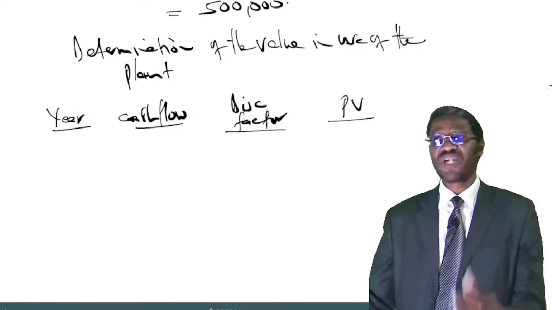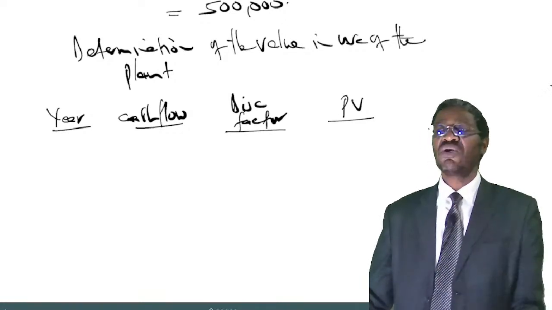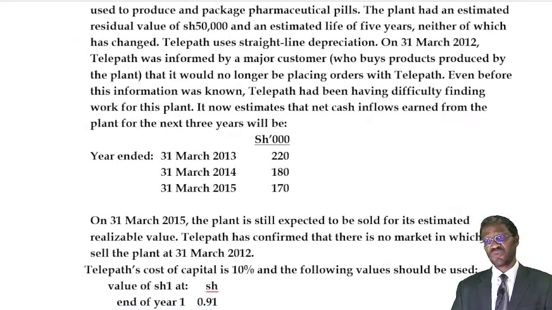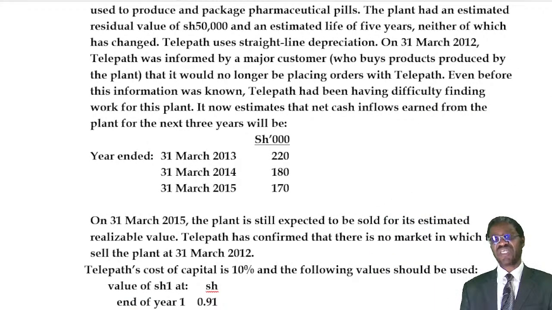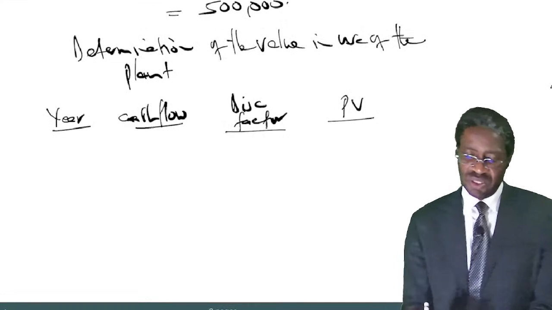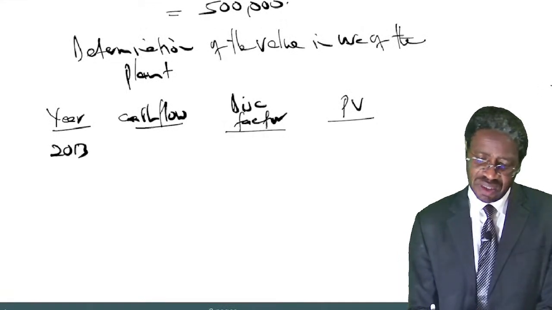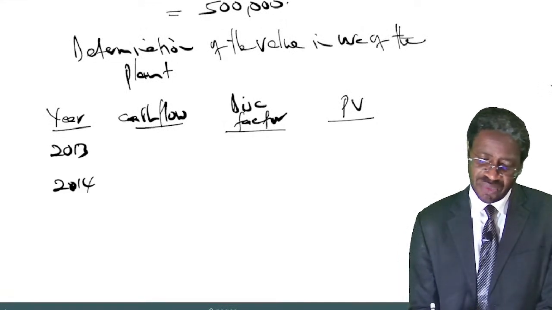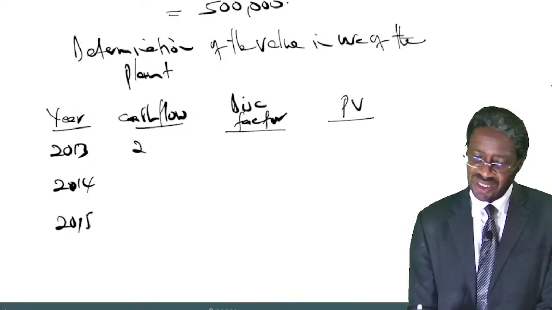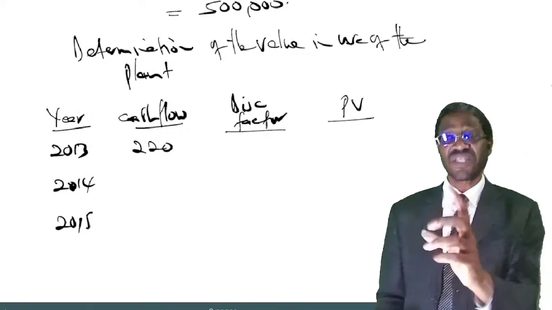By 1 year from now, 2 years from now, 3 years from now, what are we projecting to be the cash flows? They are telling us that 1 year from now, which is ending on 31st March 2013, we project to generate a cash flow of 220. Good. So 2013, this is 2014, and by end of 2015. 2013, we are projecting to generate 220,000.